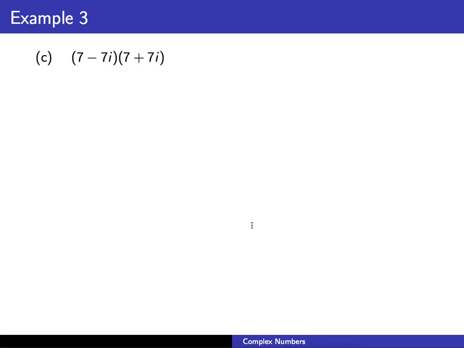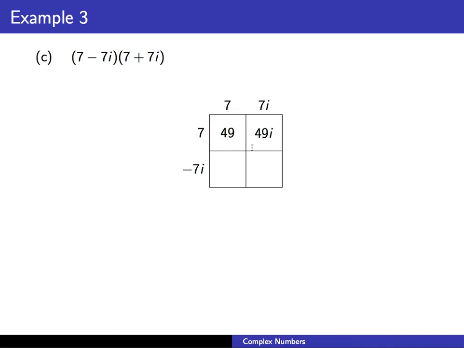All right, 3c, (7 - 7i) times (7 + 7i). We're going to see this in the next video. Multiplying it out, 7 times 7 is 49. 7 times 7i is 49i. Negative 7i times 7 is negative 49i. Negative 7i times positive 7i is negative 49i squared. Remember, i squared is negative 1, so negative 49i squared is negative 49 times negative 1, or positive 49.